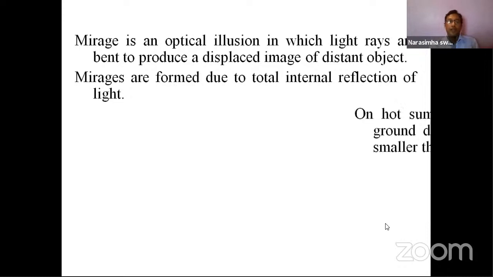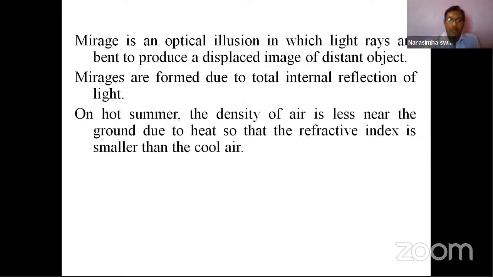On a hot summer day, the density of air is less near the ground due to heat, so the refractive index is smaller than that of the cool air. Here comes the relation that we should understand.